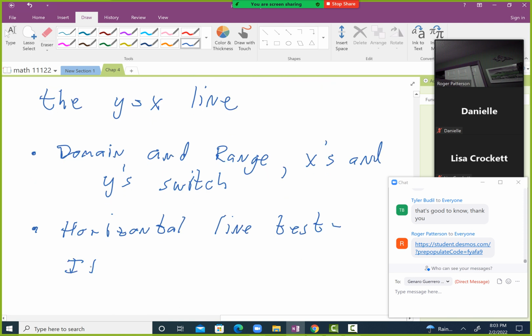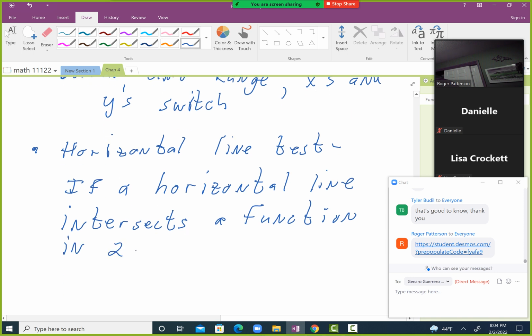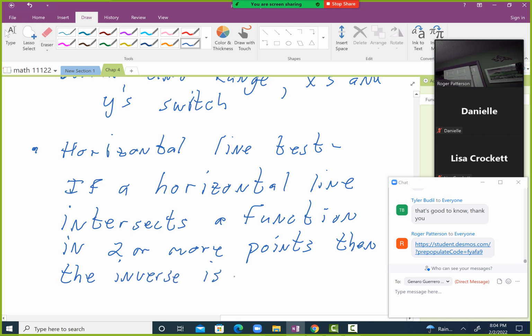If a horizontal line intersects a function in two or more points, then the inverse is not a function.